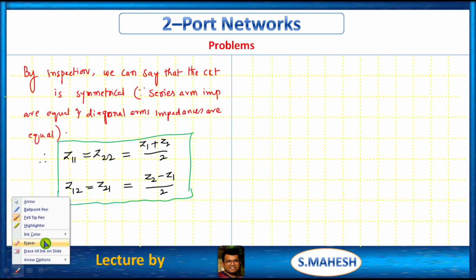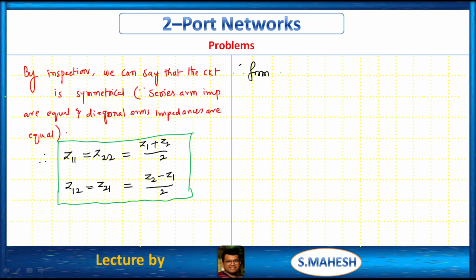Therefore, from the given problem, Z1 is given as 3 plus J4 ohms. Z2 is 3 minus J4 ohms.